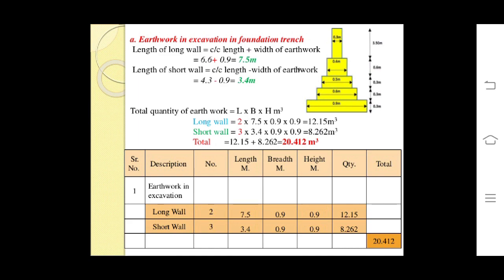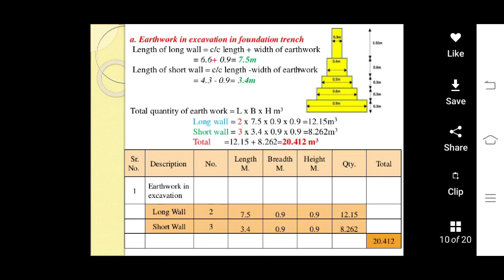The total quantity of excavation for trenches is the addition of both quantities for the long wall and short wall, which is equal to 12.15 plus 8.262, which is equal to 20.412 meter cube.